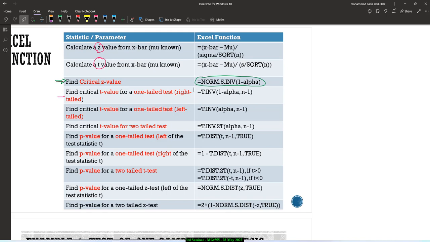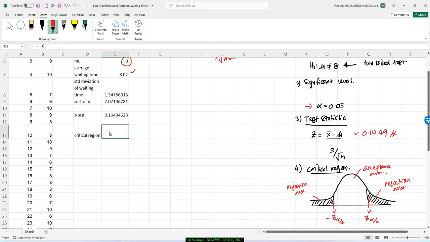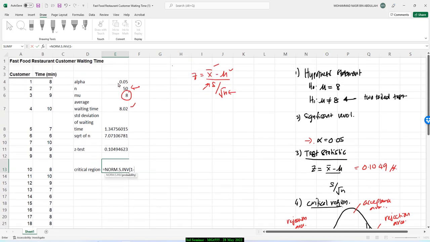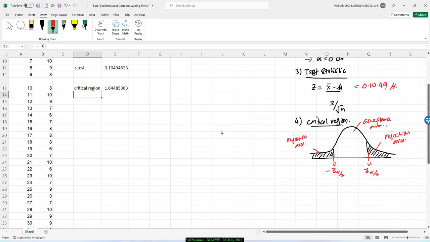So kita type in lah. So NORM.S.INV, right, 1 minus alpha. Our alpha is 0.05 dekat sini lah. So we will get 1.64.